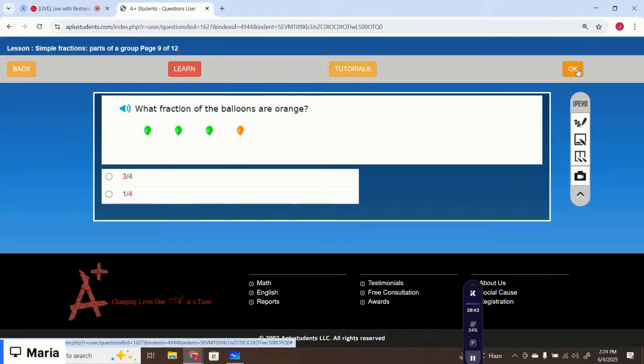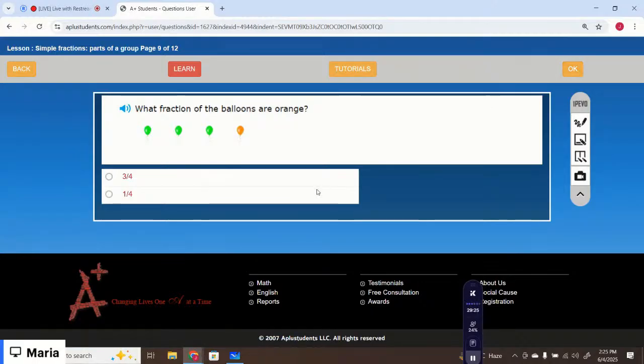What fraction of the balloons are orange? That is one out of four.